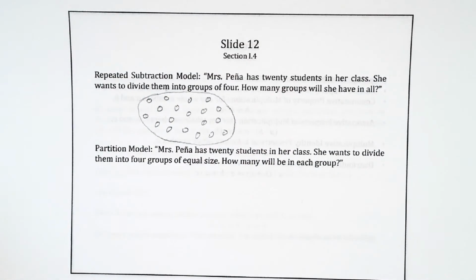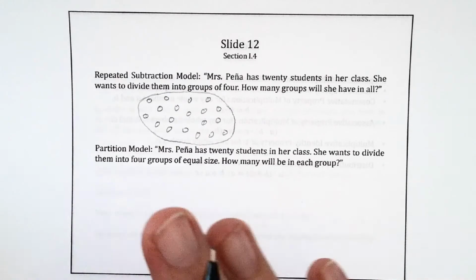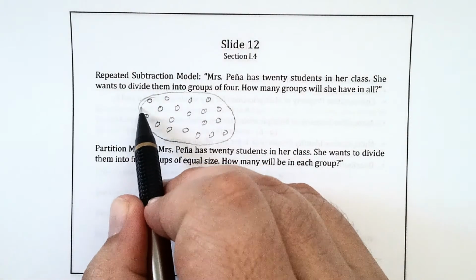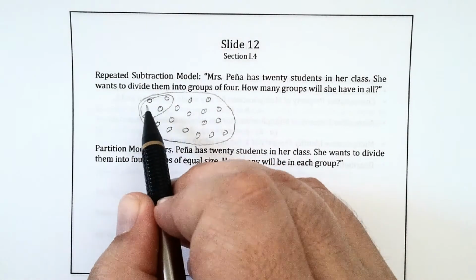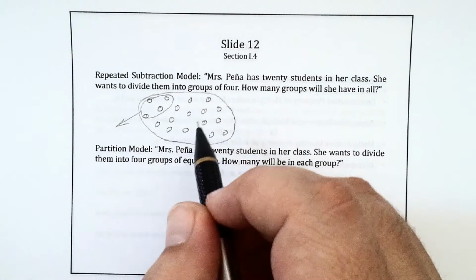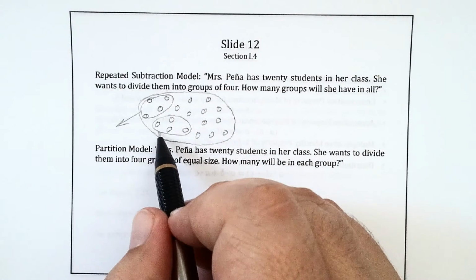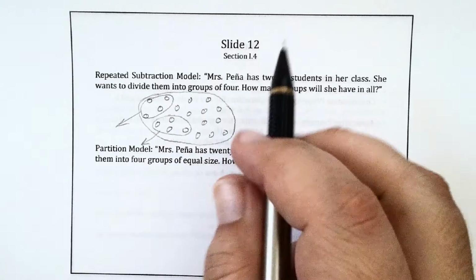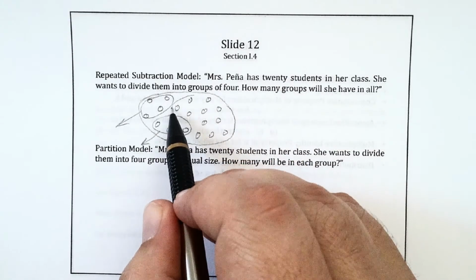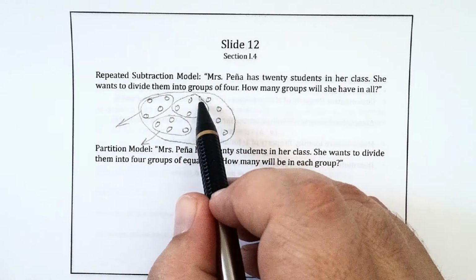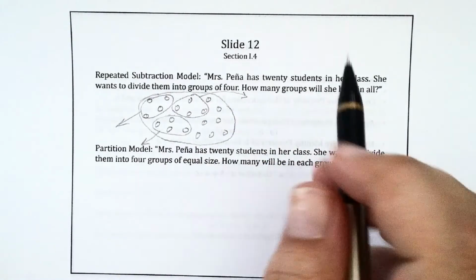She wants to divide them into groups of 4. One way to do that would be to form a group and separate them off, and you just keep going until you don't have any students left over. So here's our first group. It's our second group. The third group.